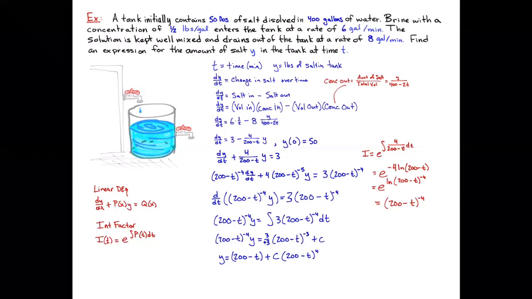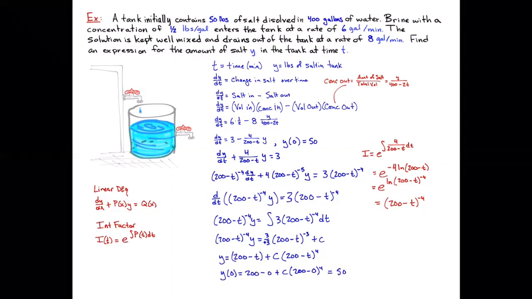Last thing we have to do is use our initial value to solve for c. Y of 0 equals 200 minus 0 plus c times 200 minus 0 to the fourth power equals 50.